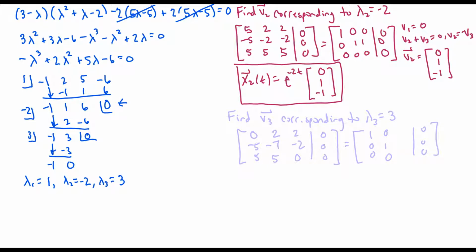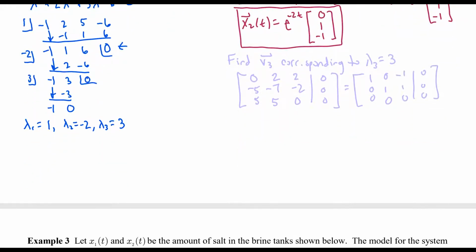Let's convert those into equations. Row 1 says V1 minus V3 equals 0. This implies that V1 and V3 have to have the same value. And row 2, V2 plus V3 equals 0, which implies V2 and V3 have to be opposite signs. So if we say that this is going to be eigenvector V3, let's say V3 equals 1, then V2 would be negative 1 and V1 would be 1.